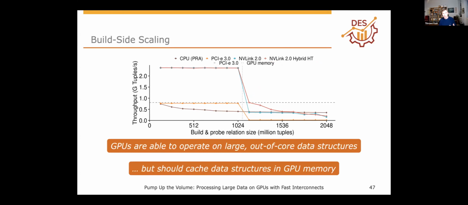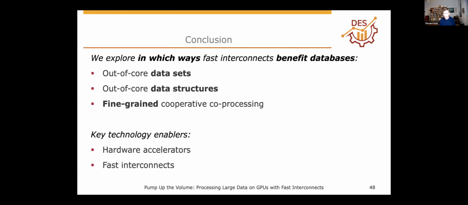And with this, we can also operate on large out-of-core data structures, but we need to cache data as much as possible in the GPU memory. So this is basically the gist of what we did in Pump Up the Volume. We saw that using NVLink, these fast interconnects, we can scale the GPU.